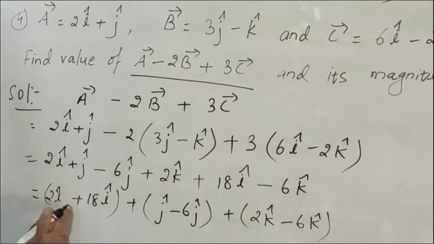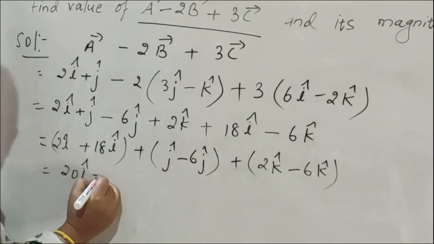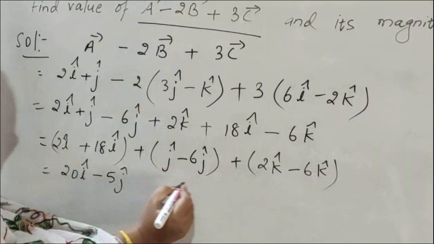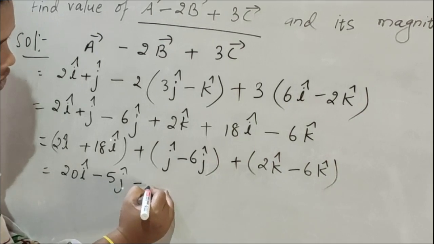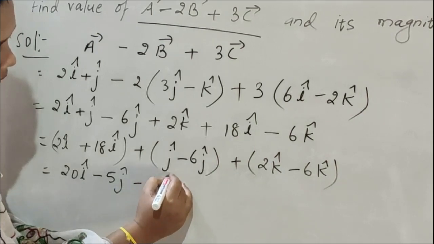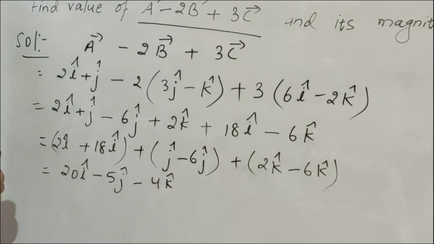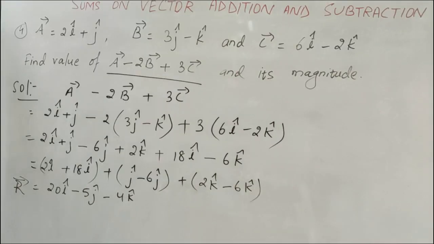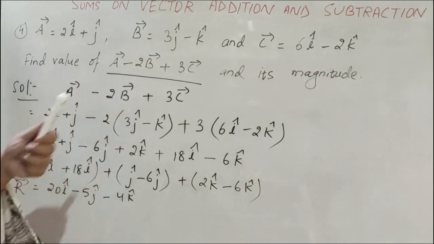So 2 plus 18, 20i cap minus 5j cap minus 4k cap. This is your resultant vector. Clear, children?